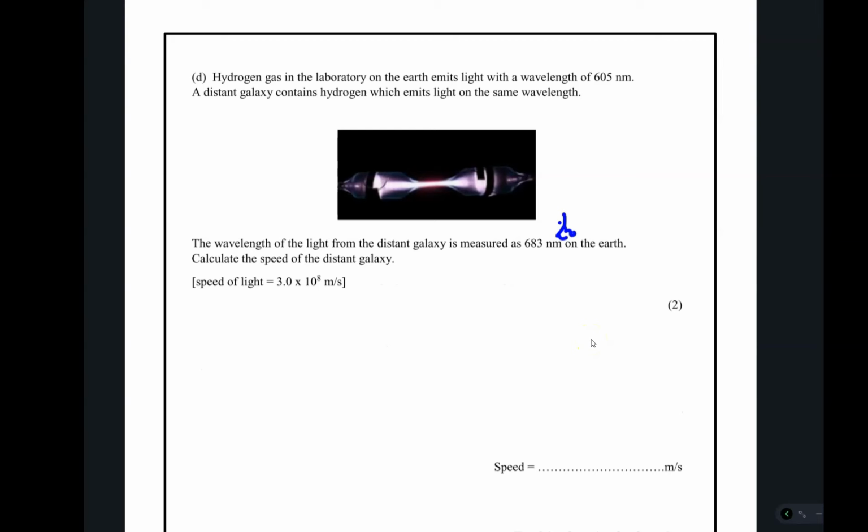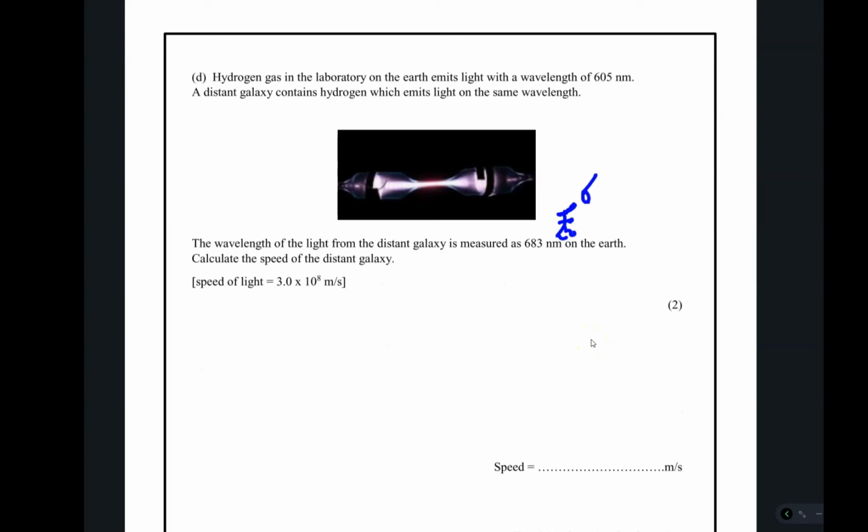Remember, Doppler effect is the change in frequency or change in wavelength when the source of the wave is moving relative to the observer. So since the galaxy is moving, we are going to detect a different wavelength.